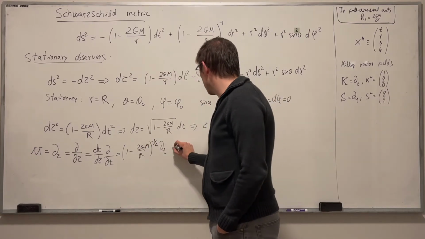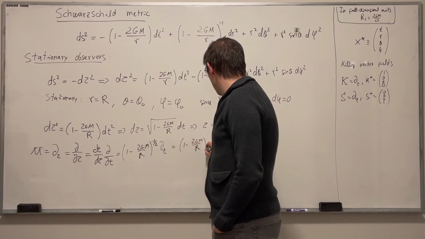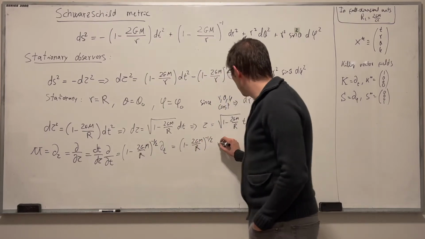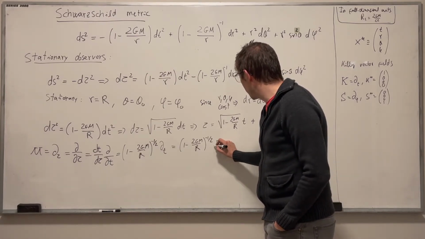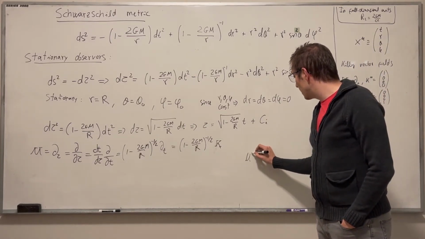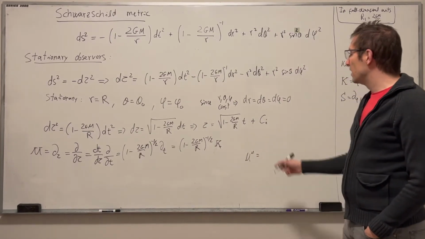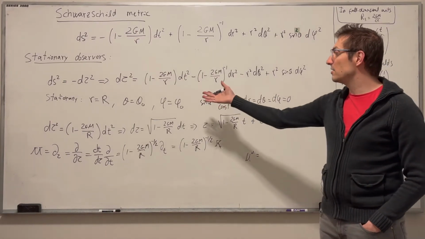So this is (1 - 2GM/r)^(-1/2) ∂_t, which I'm going to write here as the Killing vector k. All right. So if I were to express in coordinates u^μ, remember u^μ is the four-velocity of the stationary observer.